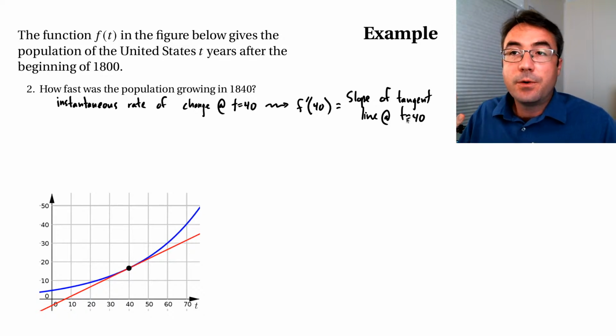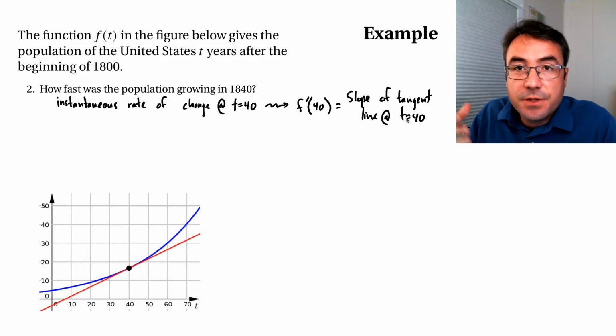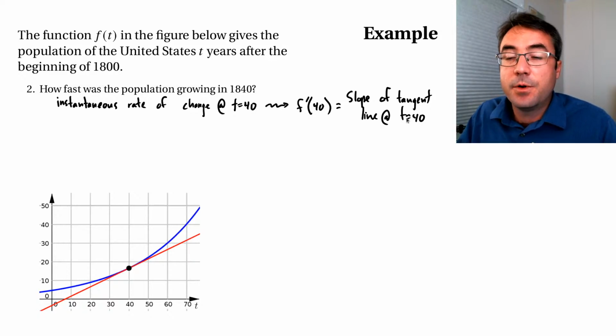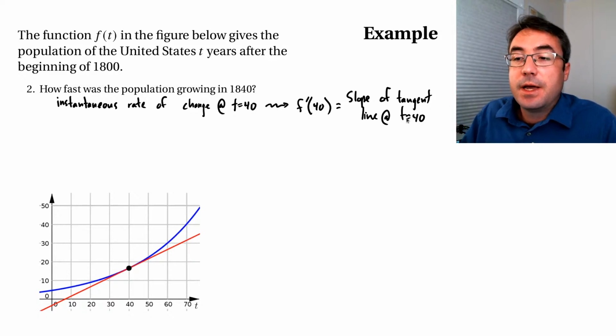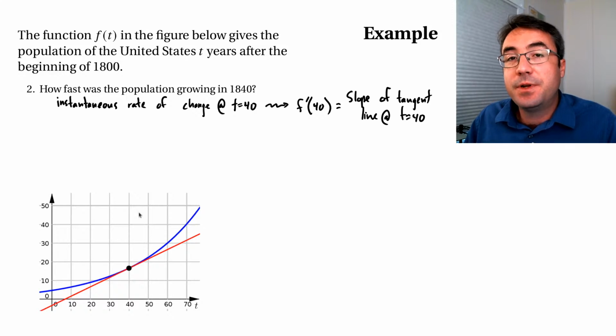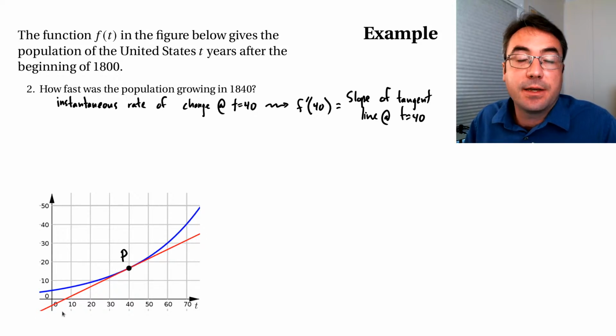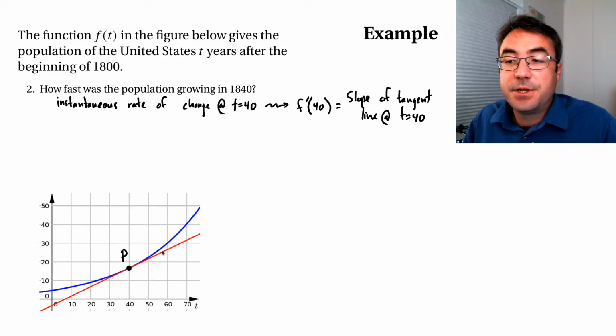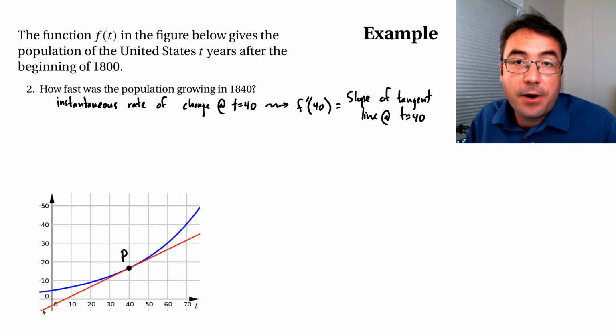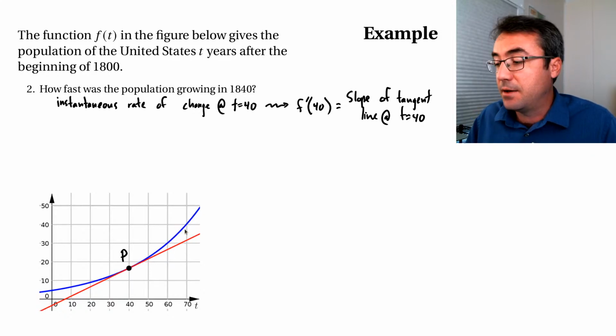So here, we don't actually have a formula for our function that we can take the derivative of. We just have a graph. And so how do we estimate the derivative in this case? Well, we look at our point on our graph, and then we draw in what we think the tangent line should look like. I have it already drawn here, but part of the process would be us drawing in that tangent line for ourselves.